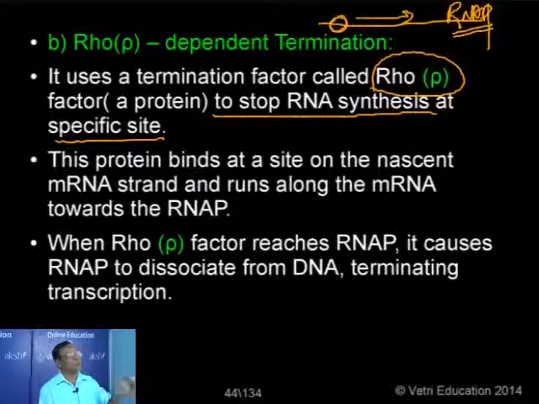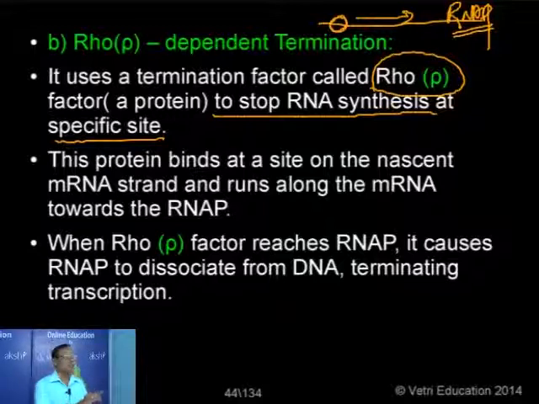It is moving along the nascent mRNA and reaching the RNA polymerase enzyme, where it is doing its activity. So when this rho factor reaches the RNA polymerase, it causes the dissociation of the RNA polymerase enzyme from the DNA template. It is the one responsible for breaking the bond between the mRNA that is formed and the polymerase, and the polymerase activity is stopped.